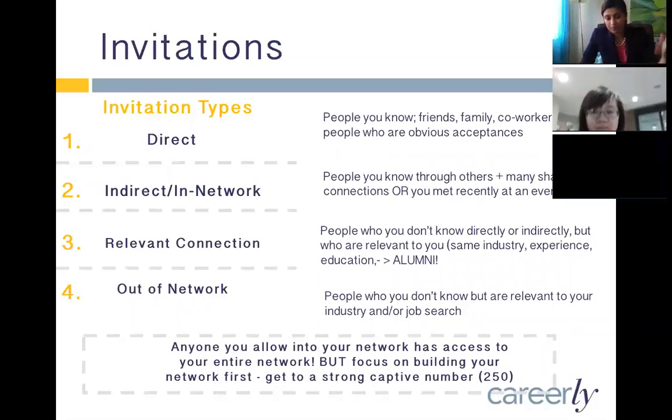Some are people you know because you met them, like family, friends and coworkers. Those are obvious people to send invitations to, and obvious people to accept an invitation from, right?